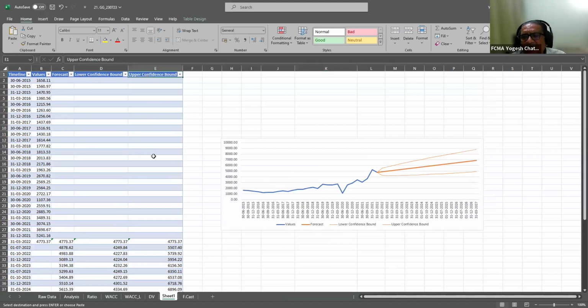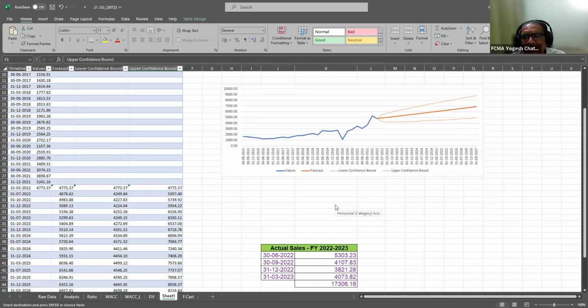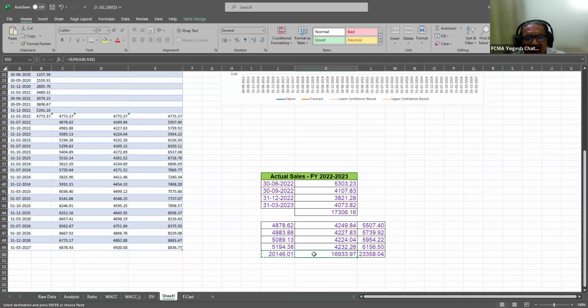The lower confidence bound I have adjusted to 75%, and the upper is our 100%. Based on this, the 3 scenarios are 16,933, 20,000 and 23,000. This is closely matching: in the lower case, 17,306 crore is the actual sale, and projected is 16,933 crore.